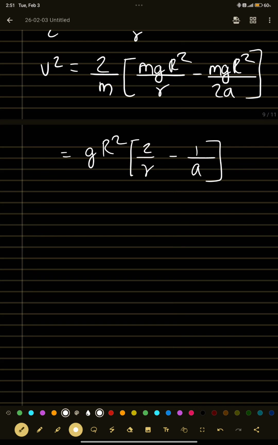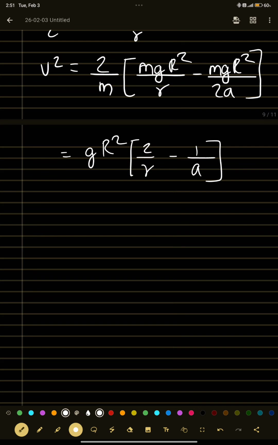R maximum मतलब 1 by r will be minimum. R maximum मतलब क्या होगा? Apogee या perigee? Apogee. R max, remember peri मतलब near. So R max means apogee, and at apogee 1 by r is minimum, r is maximum.